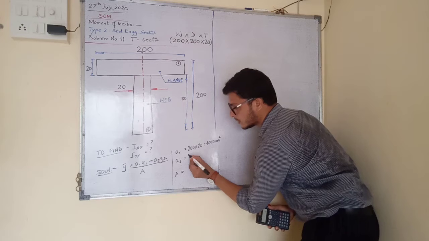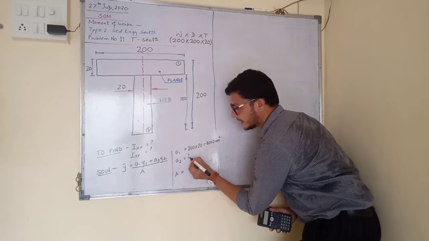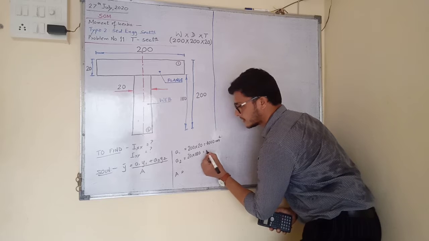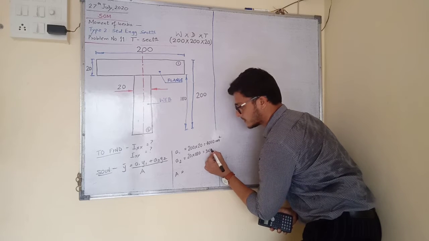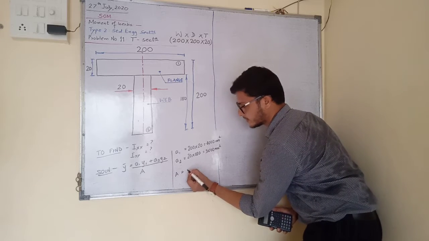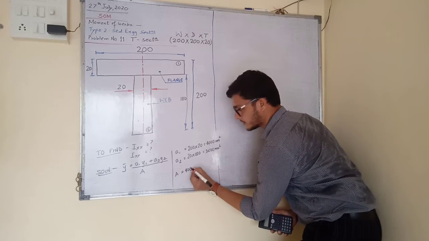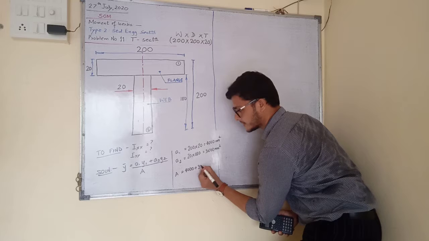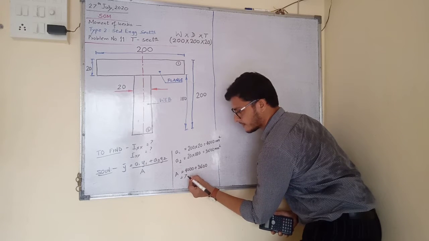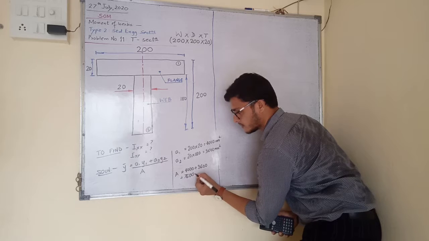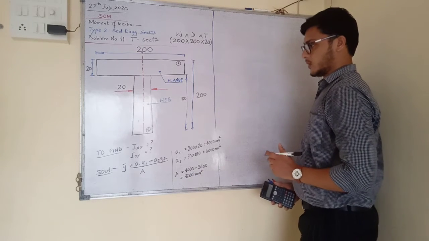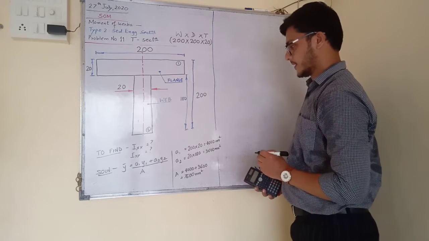So 20 into 180, 3600 millimeter square. Total area will be sum of these two, 4000 plus 3600, that is 7600 millimeter square.